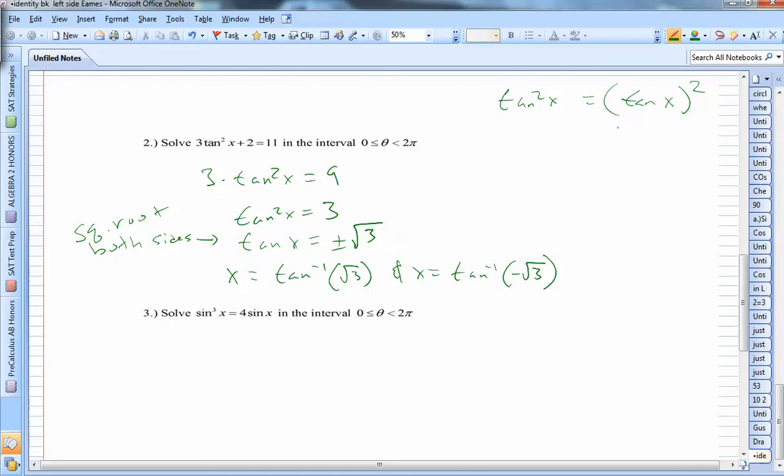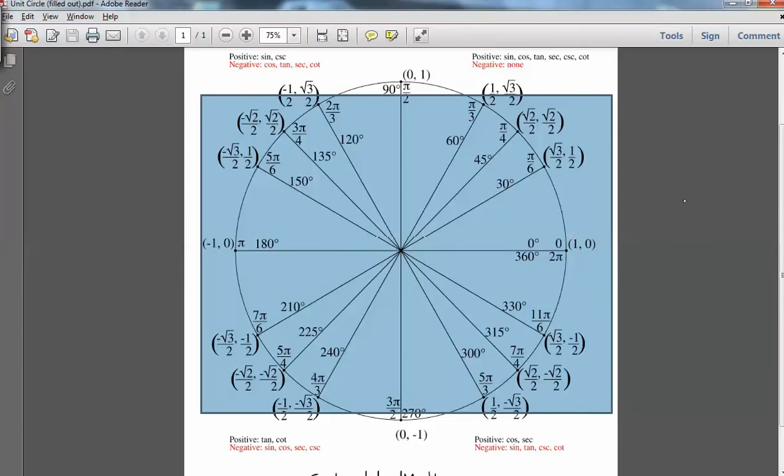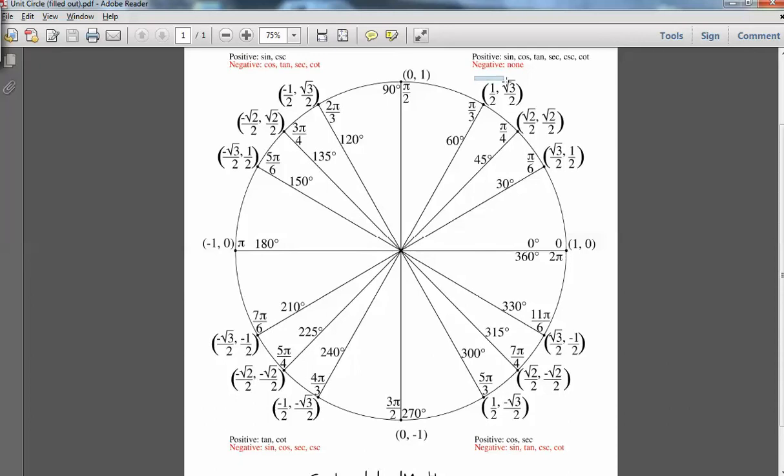Now remember, tangent theta is y over x. So we want to locate where y over x equals root 3 or negative root 3. That would happen over here, because if you did y divided by x, you would get root 3.